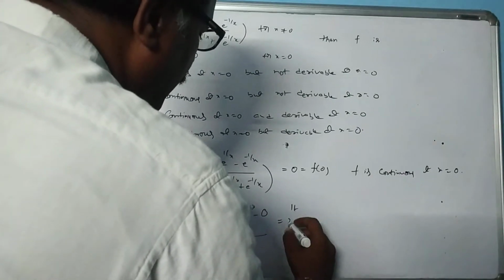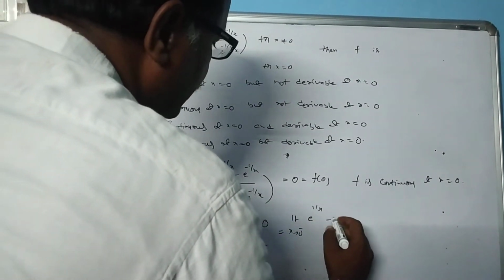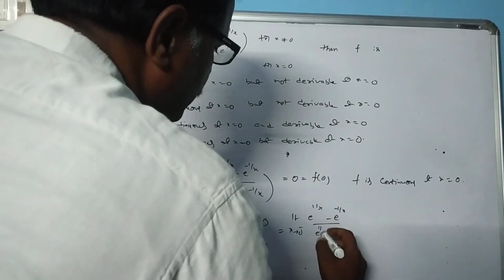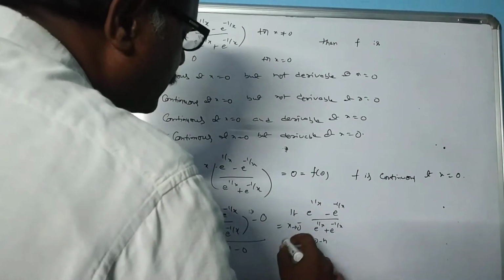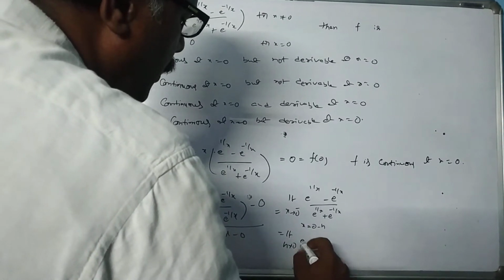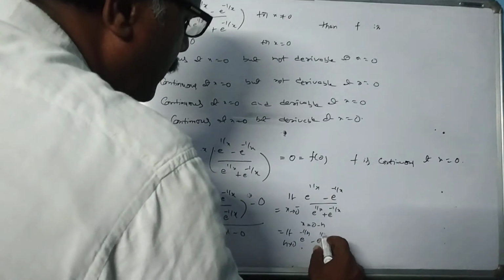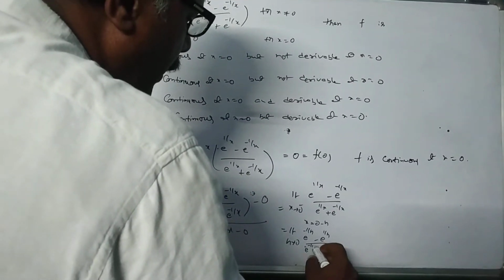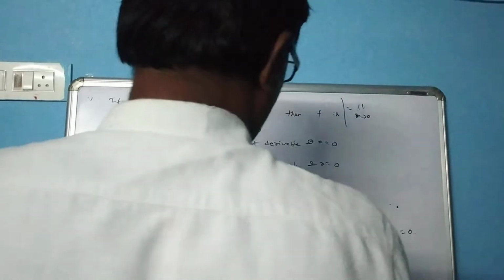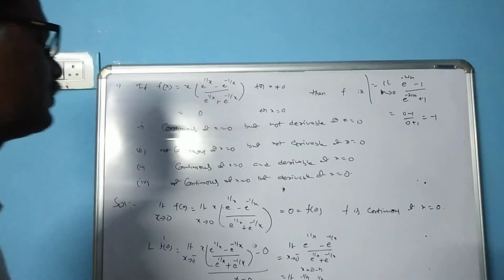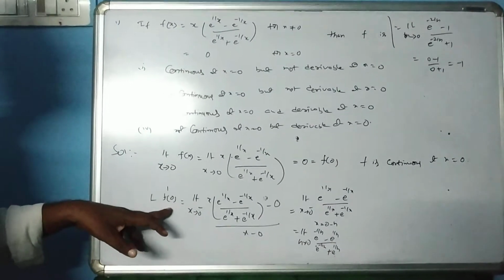Substituting x = 0 - h, we get the limit as h tends to 0 of (e^(-1/h) - e^(1/h)) / (e^(-1/h) + e^(1/h)). Here as h tends to 0, this is (e^(-2/h) - 1) / (e^(-2/h) + 1) = (0 - 1) / (0 + 1), which is -1. The left hand derivative at x = 0 is -1.